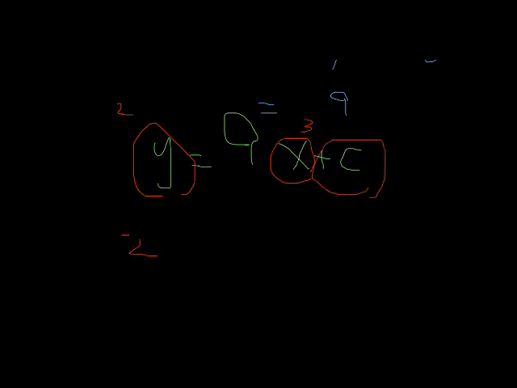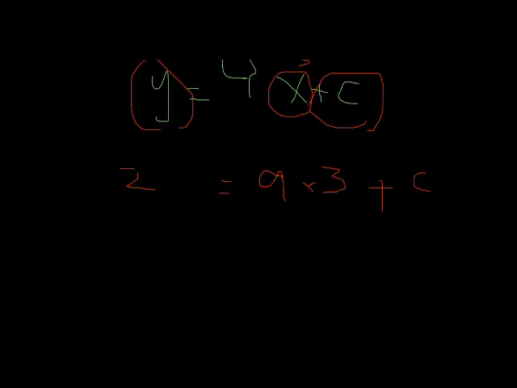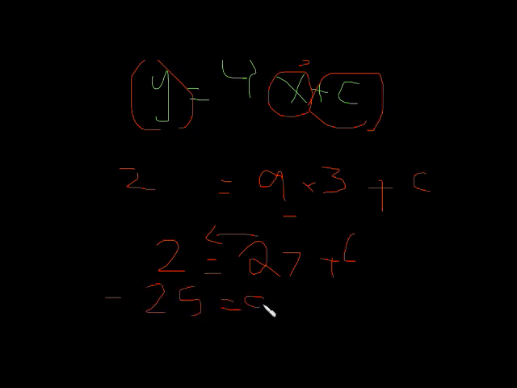So 2 is equal to 9 times 3 plus c, and we get 2 is equal to 27 plus c, and therefore 27 goes to the left side and becomes minus, so this becomes minus 25 is equal to c.